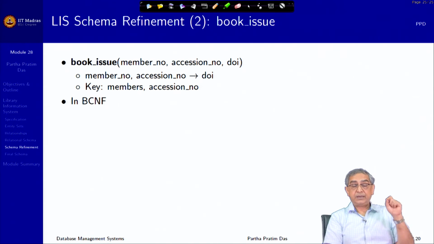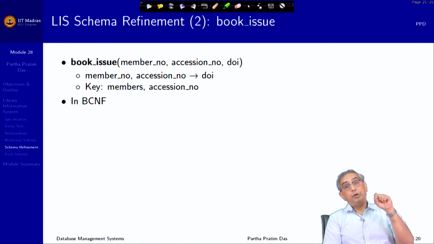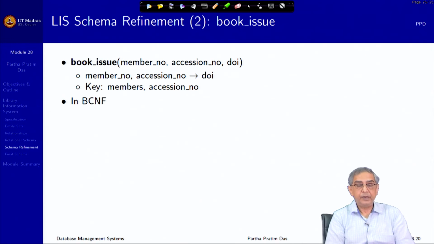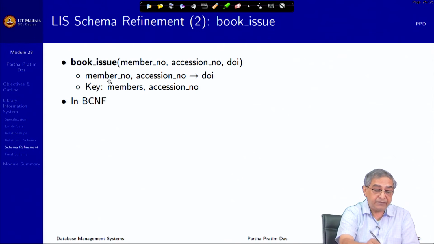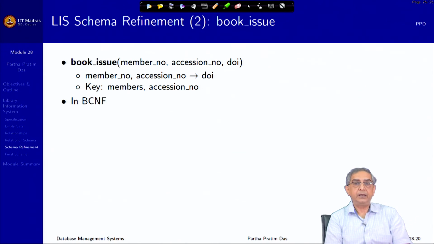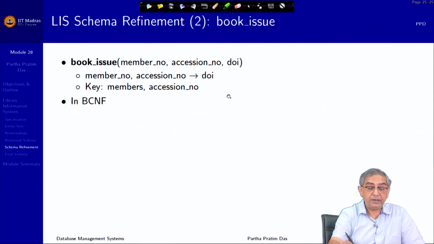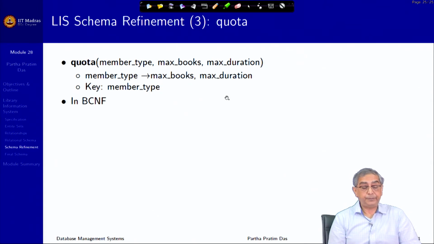I was saying that accession number itself will do, but it may not, because the same book may be issued to different members at different times. Okay. So, we will have to look at those aspects, but actually it is safe to think that this pair, member number and accession number, will decide the date of issue, right. So, that is the key, the only functional dependency. So, this is in BCNF.